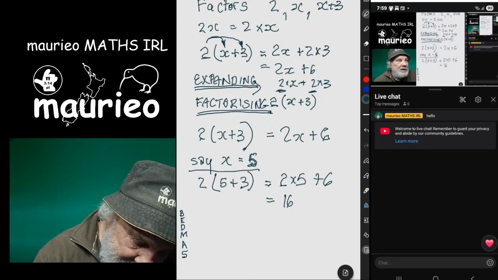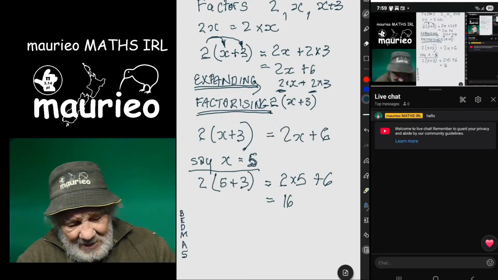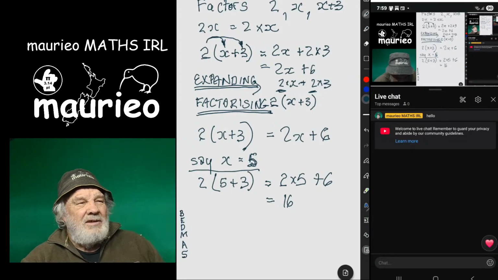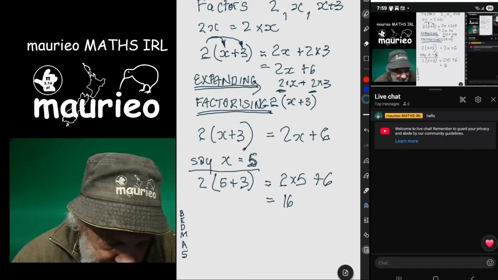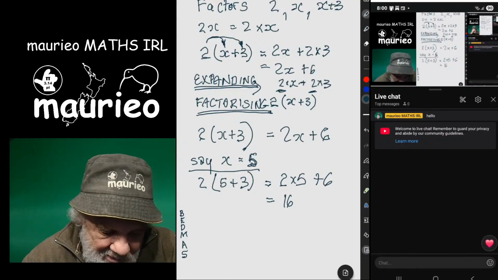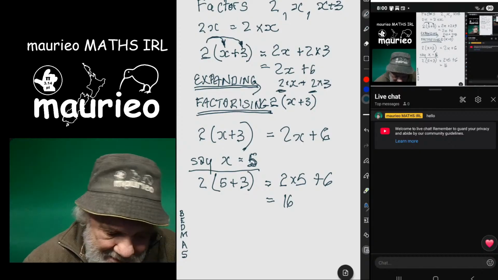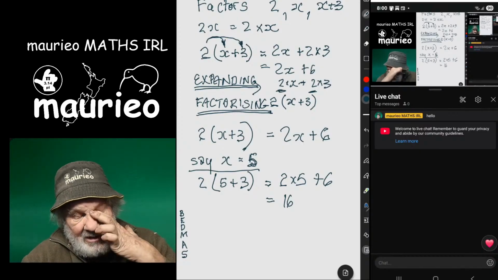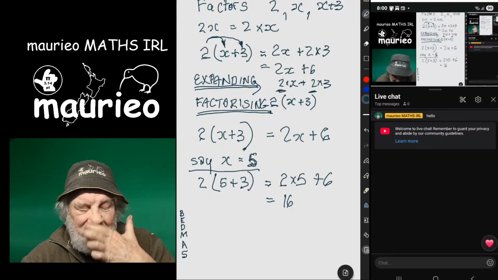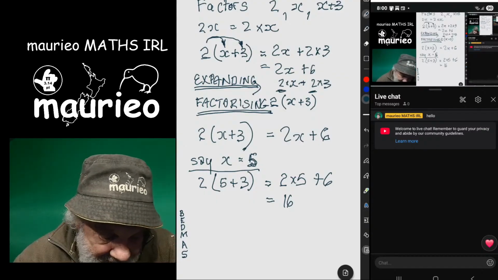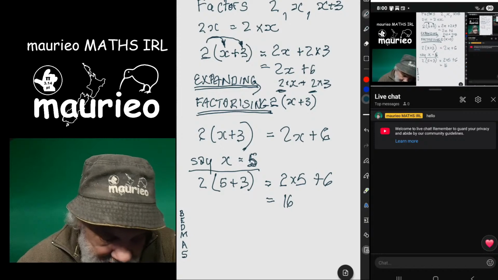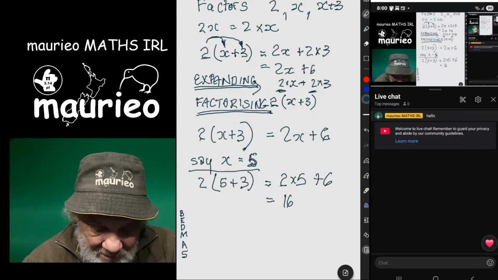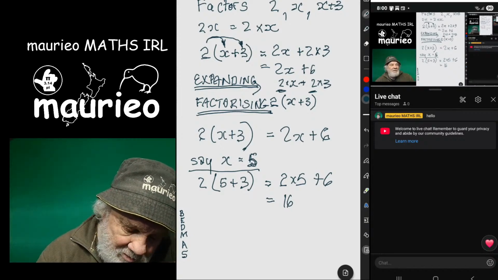So that's the logical way of doing it, I think. You do the brackets first and then the multiplication. That's sort of how I make sense of that story. You can try and come up with other options, but that's the logical way; it should be 16.